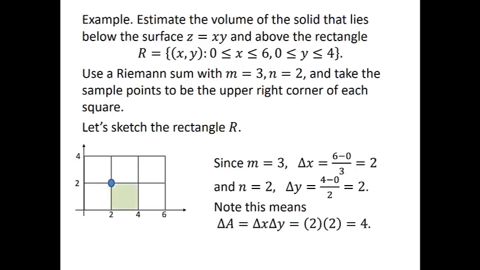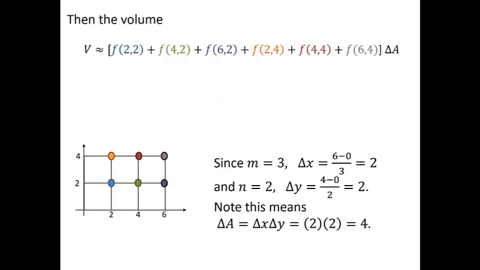Next, our upper right corner will be the point 4, 2. Then our upper right corner will be the point 6, 2. And we move our way along the top row of squares as well, taking each sample point to be the upper right corner. Then we estimate the volume of our solid by taking the volume of each individual column.